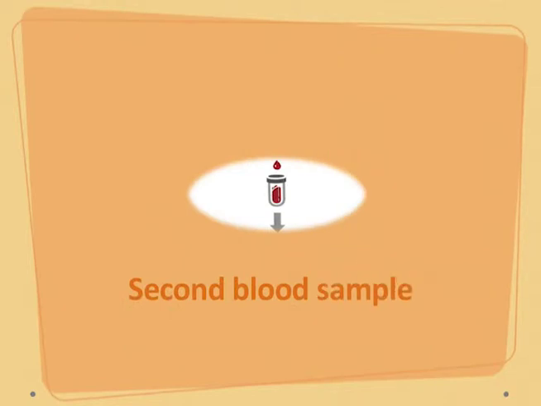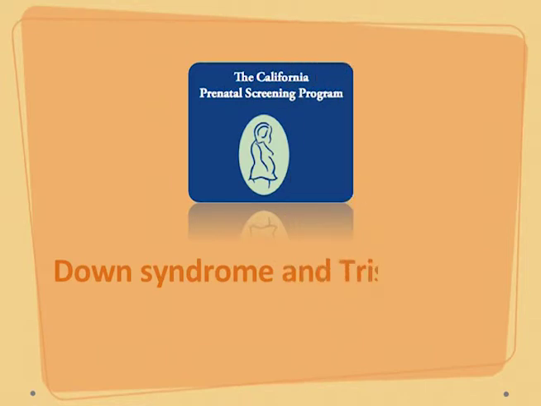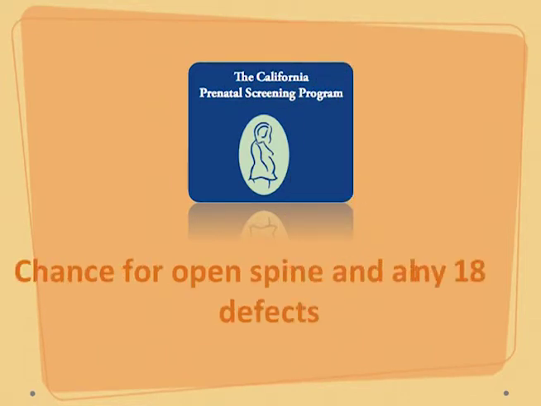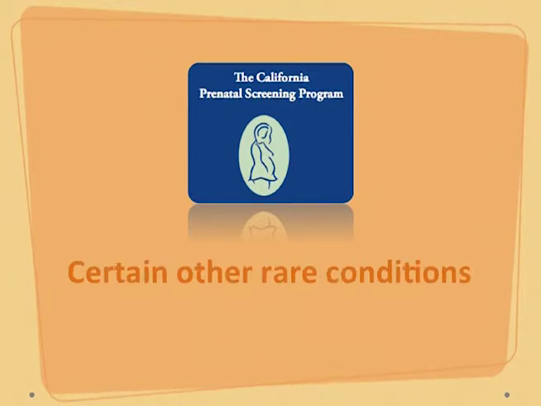A second blood sample is drawn from the mother in the second trimester of pregnancy between 15 and 20 weeks to obtain a revised Down syndrome and trisomy 18 result, in addition to the chance for open spine and abdomen defects and certain other rare conditions.